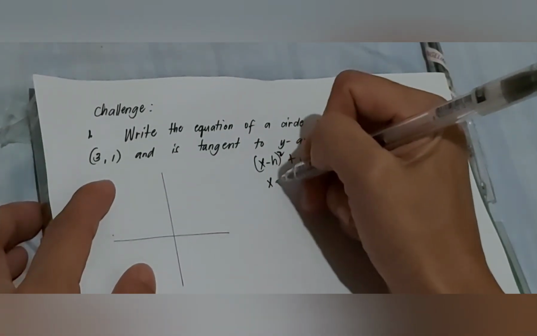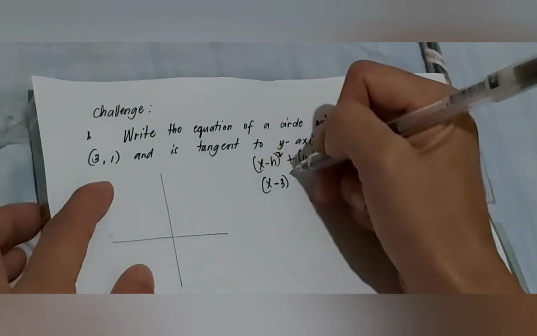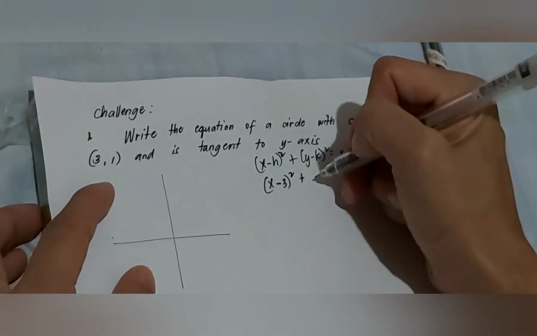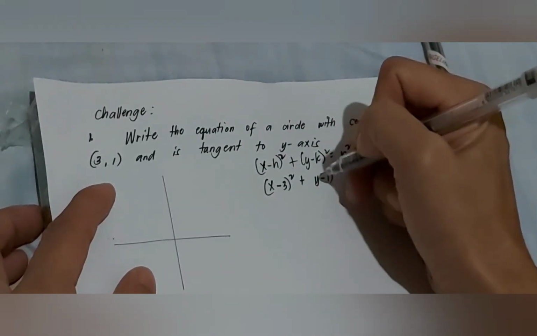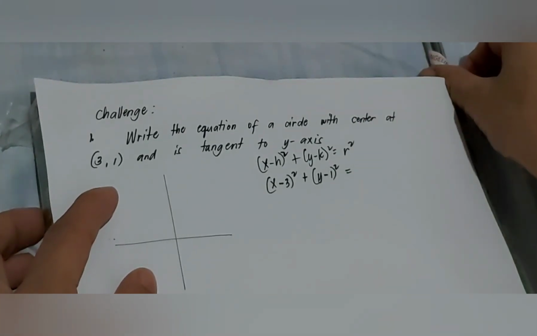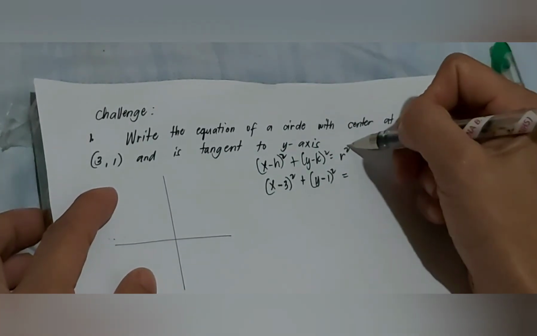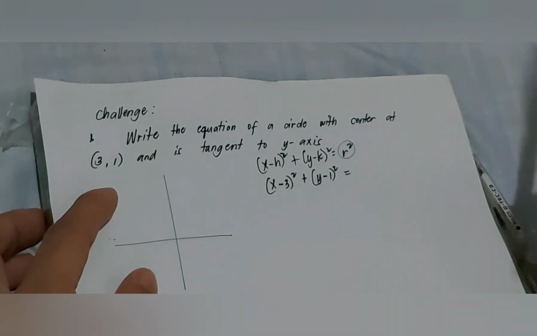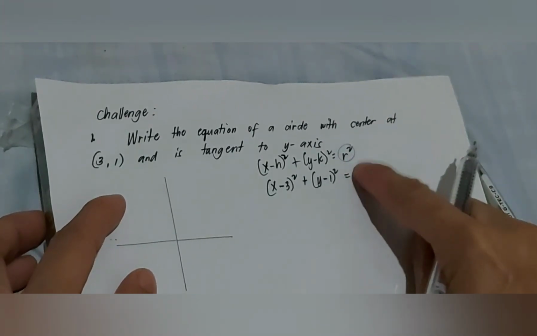So, it would be x minus 3 squared plus y minus 1 squared equals. The problem is we do not have our r. Wala tayong r. So, kailangan nating hanapin yung r.